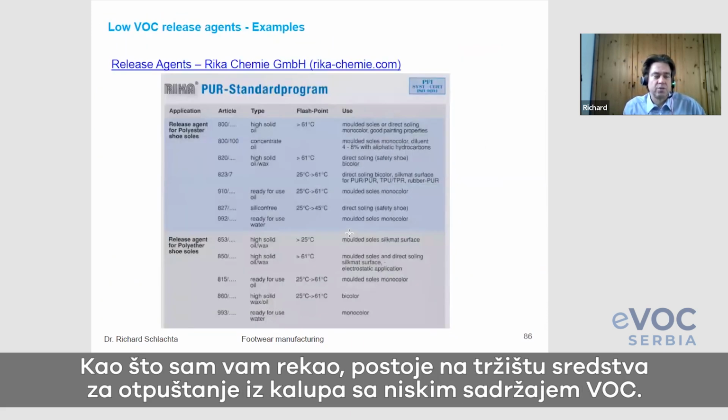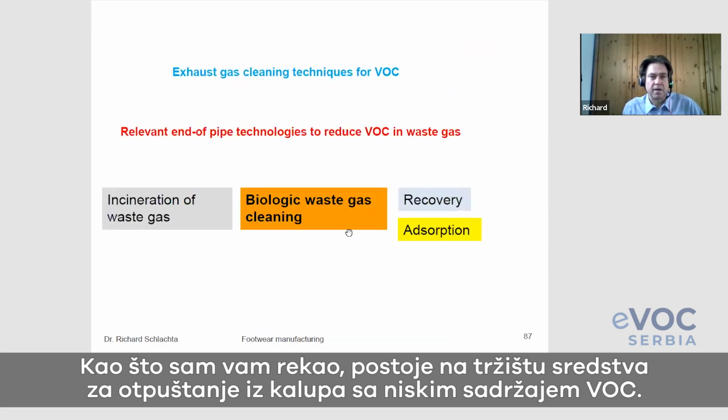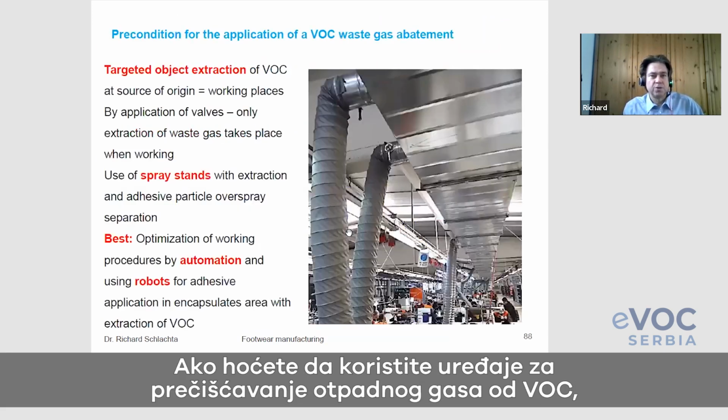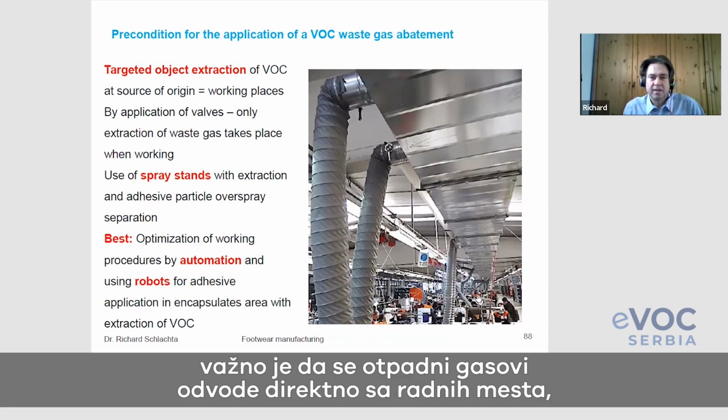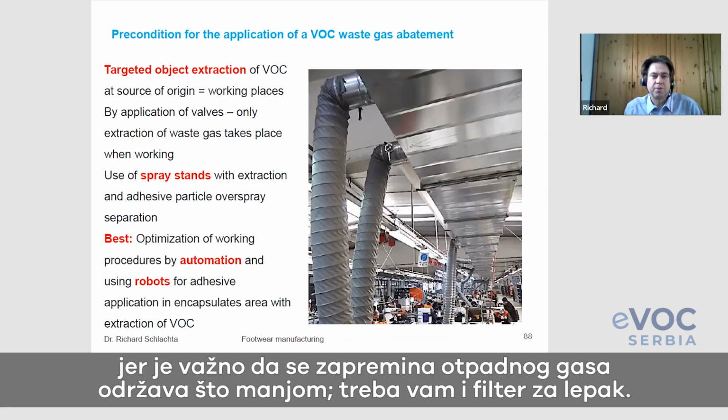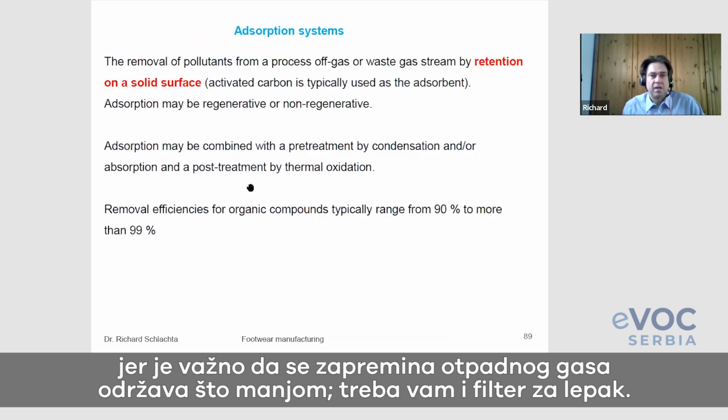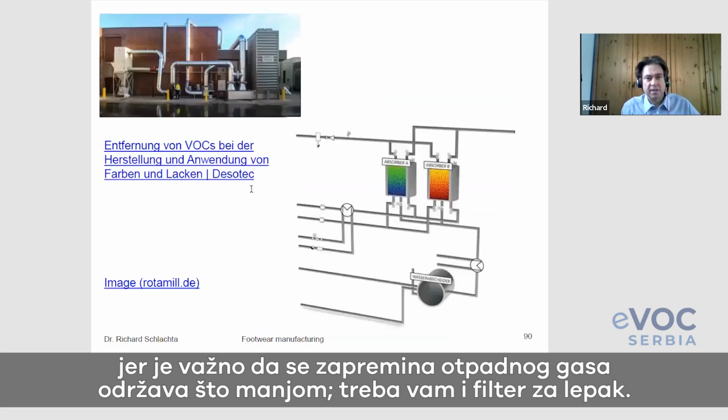Yes, and as I told you, low-VOC release agents are available on the market. If you want to use waste gas abatement, then it's important that you extract the VOC directly from the working places, because it's important that the waste gas volume is kept small. And probably you need something like a filter.